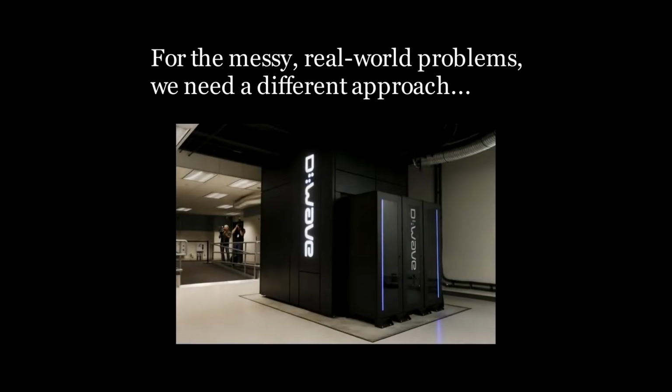What about the messy, complex real-world problems we saw earlier? For those, we need a different approach. If you can't compute the answers directly, perhaps you could build a physical system that naturally finds the answer for you. This is precisely the idea behind machines like this one, a quantum annealer.